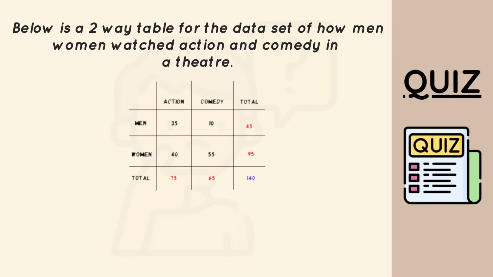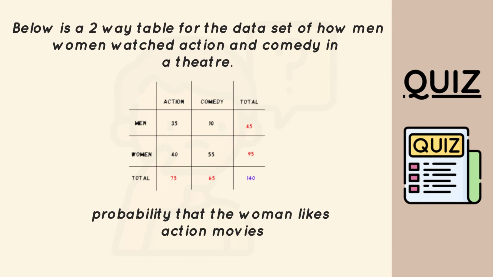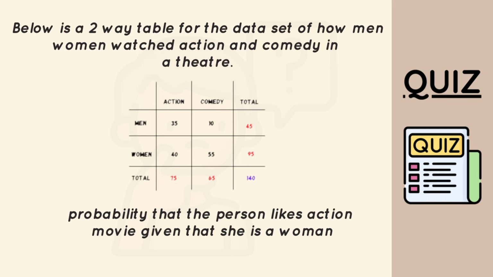So the conditional probability notation for this question is going to be P(A|W). That is the probability that this woman is going to like an action movie, or we can say the probability that the person is going to like an action movie given that she's a woman.